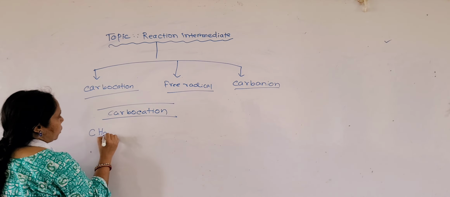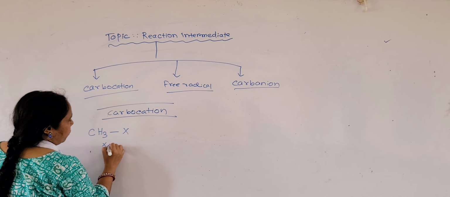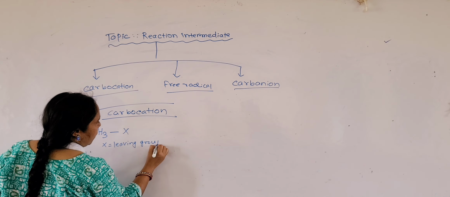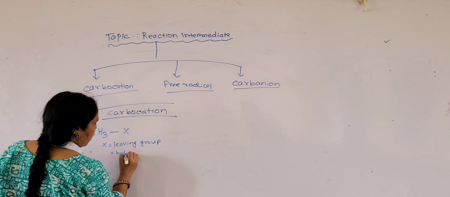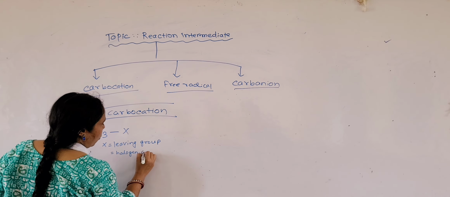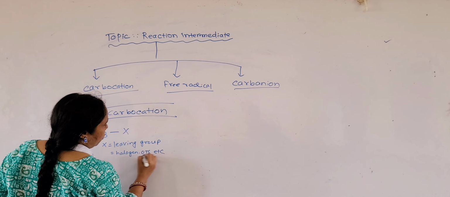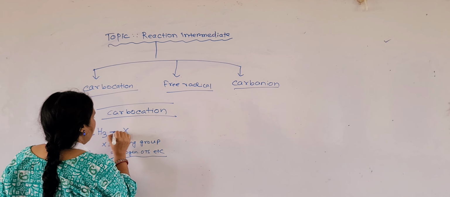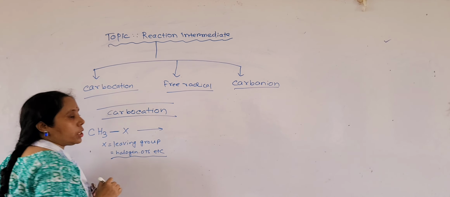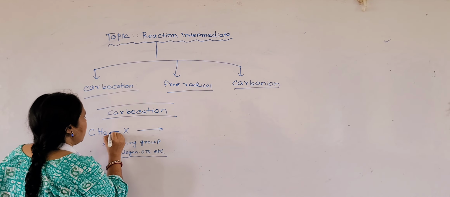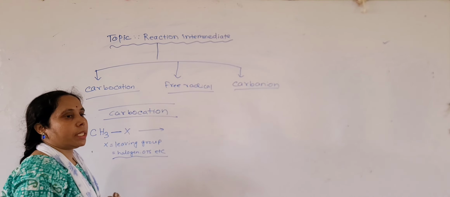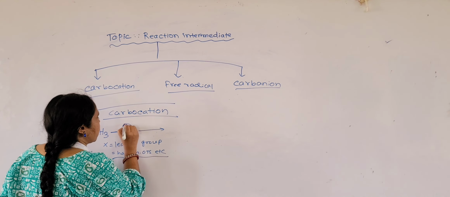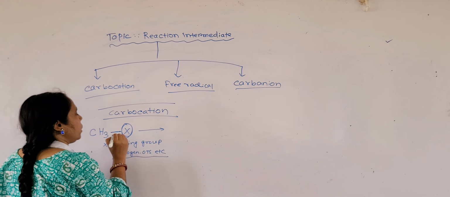We can choose anything. Suppose I choose CH3X, where X is a leaving group. It may be a halogen, OTs, etc. Now if X leaves with its bonding electrons, we know that any covalent bond has 2 electrons, so the leaving group X leaves the carbon atom with both the electrons.